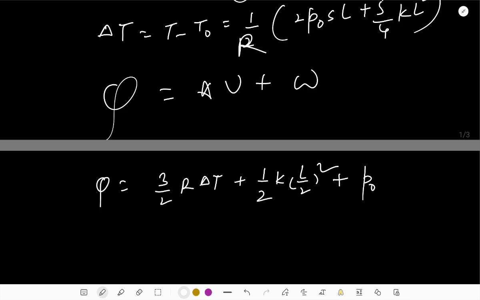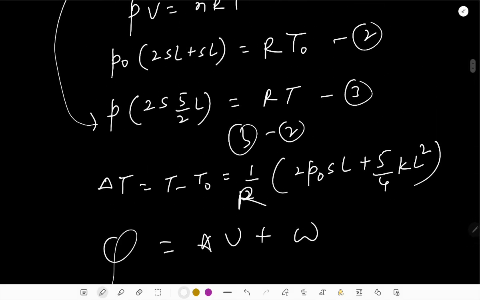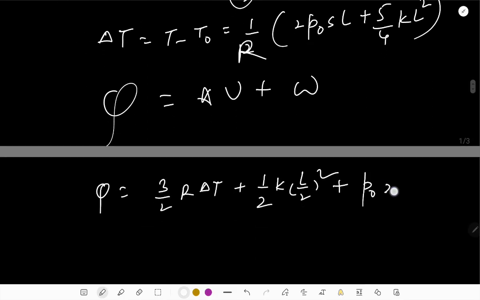It has worked against the pressure P naught, so I can write P naught, and the change in volume is 2SL, that is 5SL minus 3SL. And R delta T, we have already calculated delta T, so you can put it here and get your result.